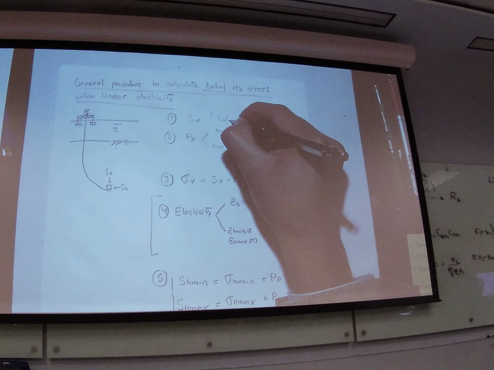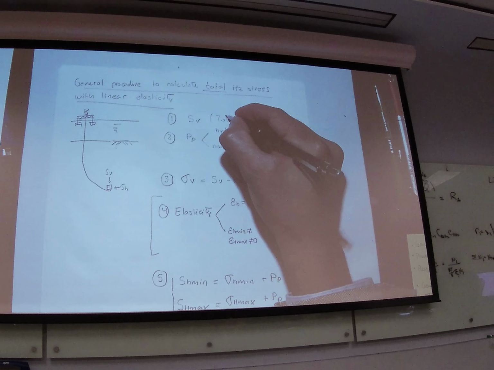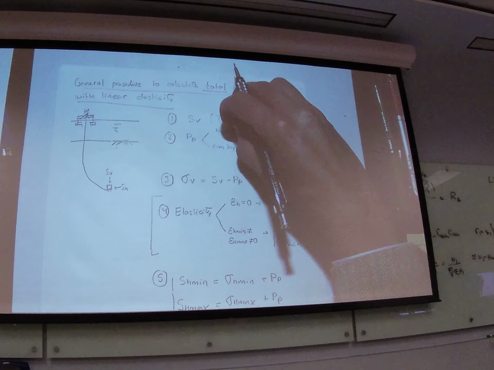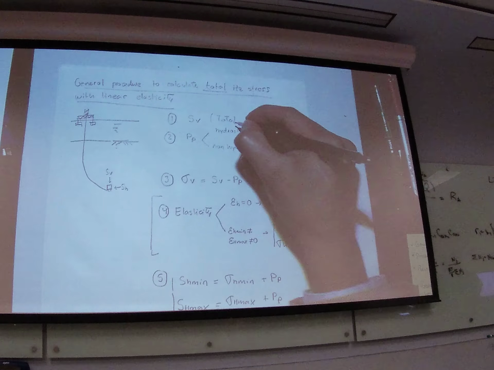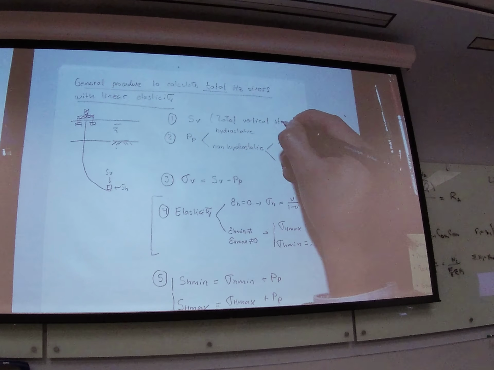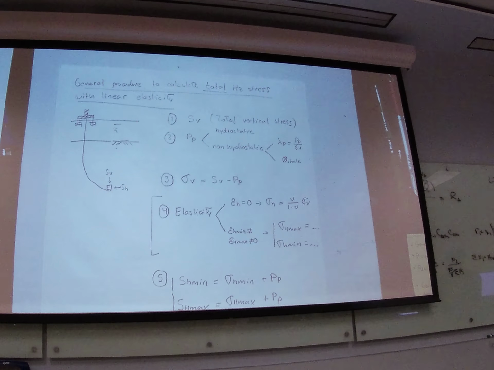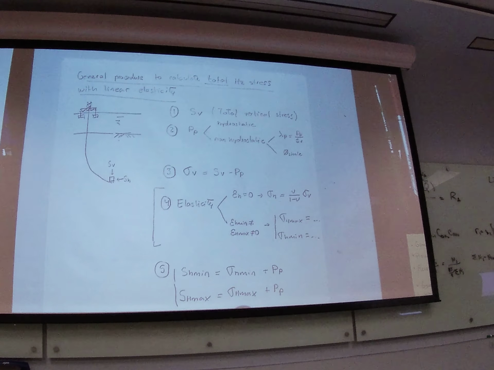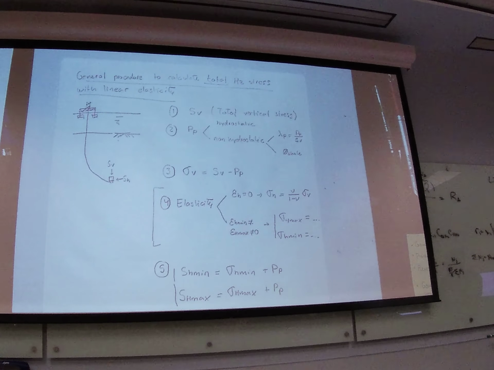This is total vertical stress. S are always going to be total, and sigmas are going to be effective. So these are total, these are effective.